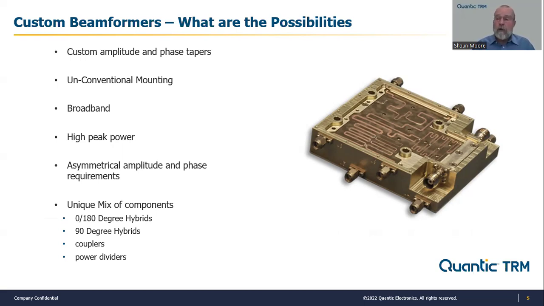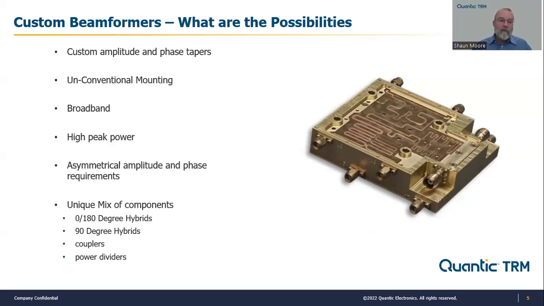Say an equal illumination for a phased array will generate antenna patterns where the first side lobe sits at about 13 dB below the main lobe. In many applications, that lobe needs to be below 20 dB. One way to accomplish that is to apply an amplitude taper across the aperture to adjust those side lobe levels. So we can modify the amplitude taper on any of our beamformers to accomplish that.